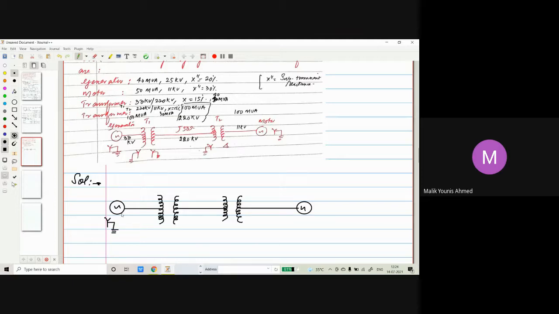Star connected, neutral grounded. The data is given above. I'm not going to write the data; we'll copy from it when we find these values. Star connected, neutral grounded, star connected, neutral grounded, and delta connected. So this is a J50 ohm transmission line here. This is a motor, star connected, neutral grounded, and this is a generator.